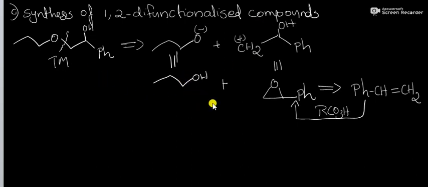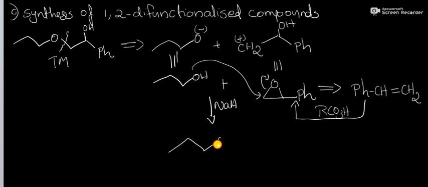Here in the presence of a base like sodium hydride, it will be deprotonated and converted into CH3CH2CH2O minus, which on treating with the epoxide, the three-membered ring will break and it will convert into CH3CH2CH2OCH2CH(OH)Ph. This is our target molecule.